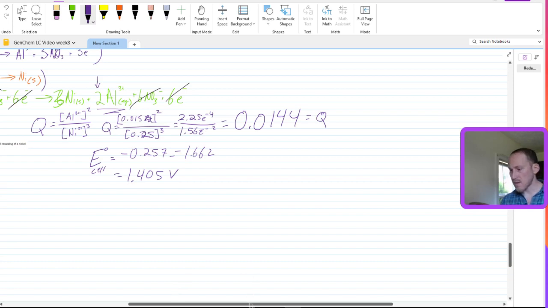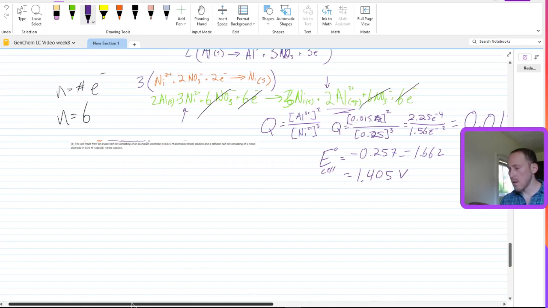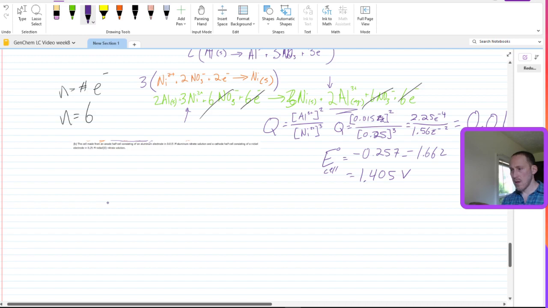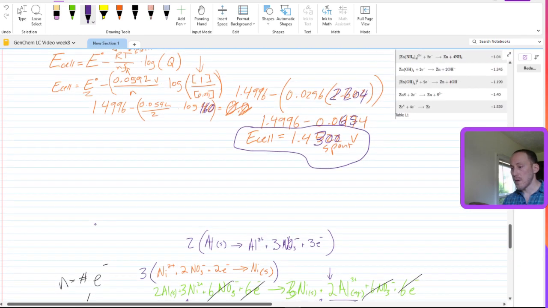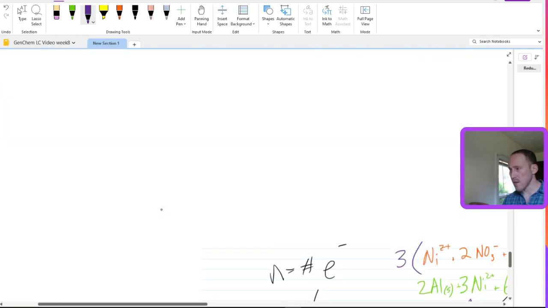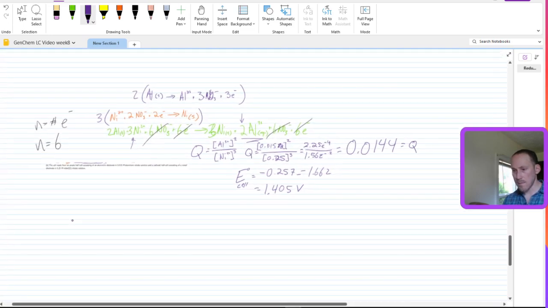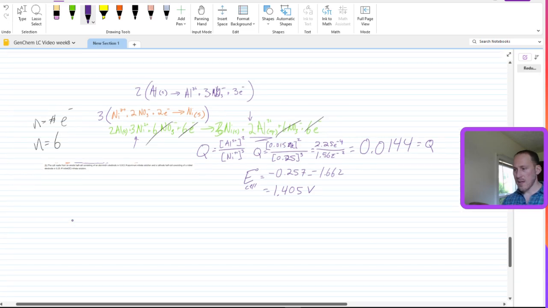Yeah, that makes sense. It's less than 1. This is not product favoring, as the products are not abundantly represented right now. So that's our Q. Okay, and that's our E cell.